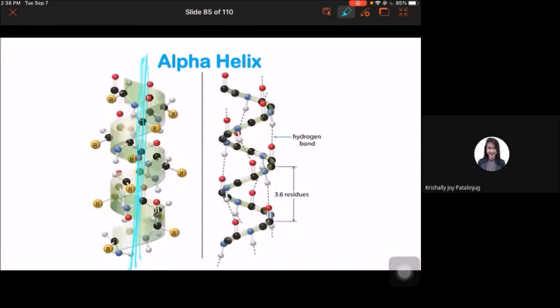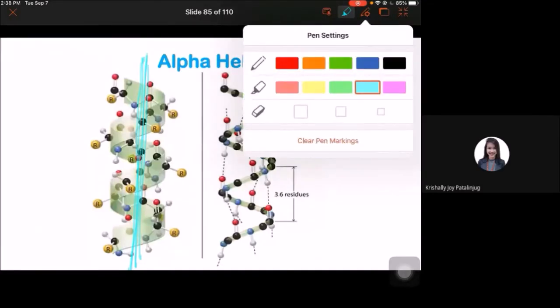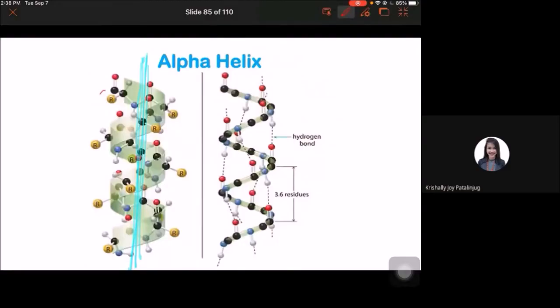And then the R groups, look at the R groups, they are labeled. Where are they? On the exterior, protruding outside the alpha helix. We can see them; they lie on the exterior portion. Therefore, their alignment is again perpendicular to the axis of rotation.